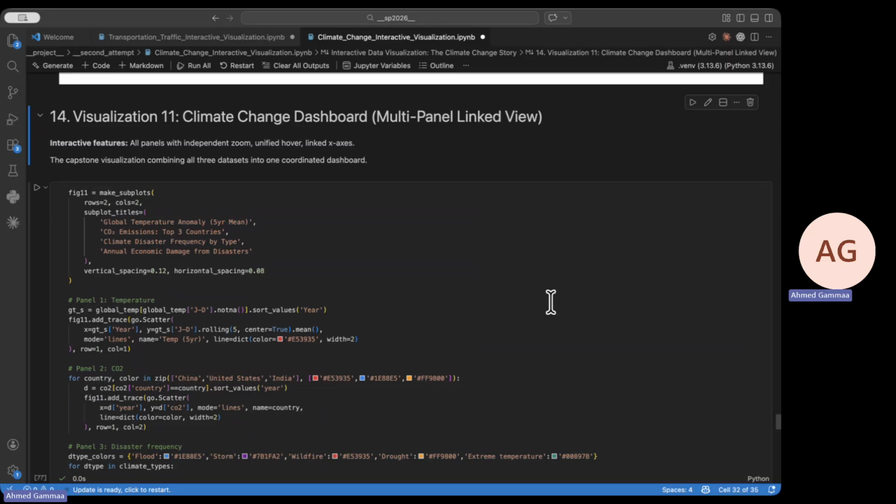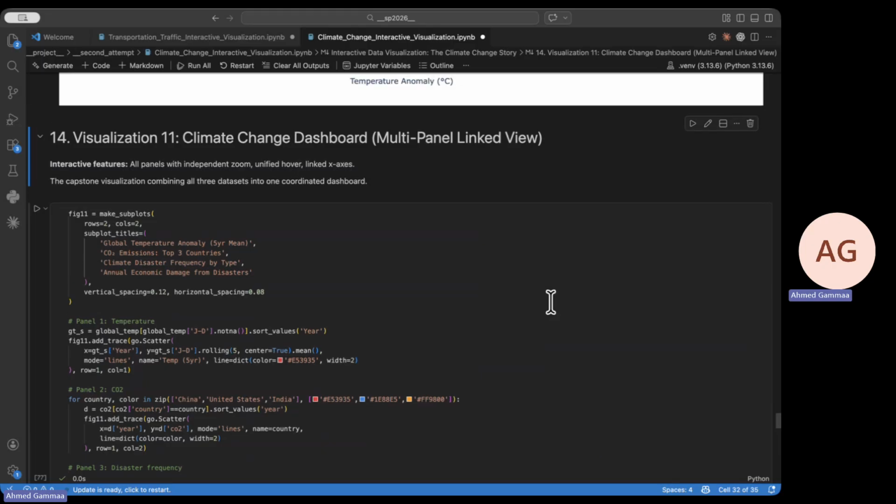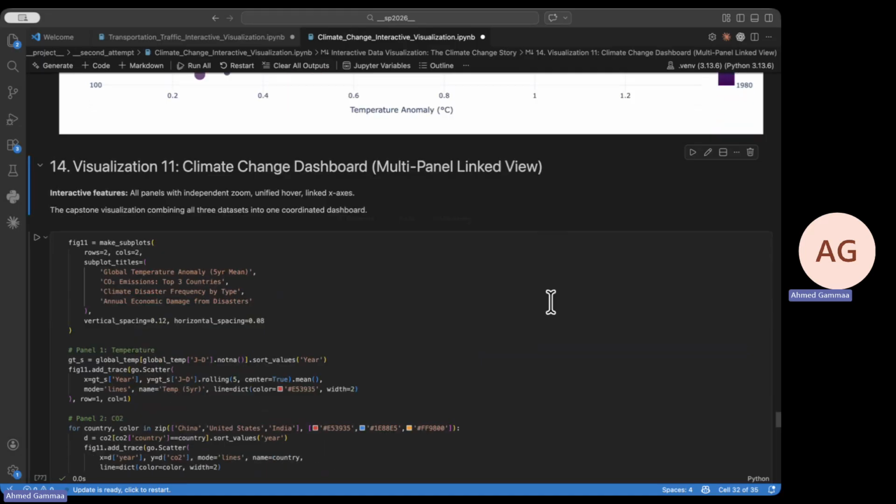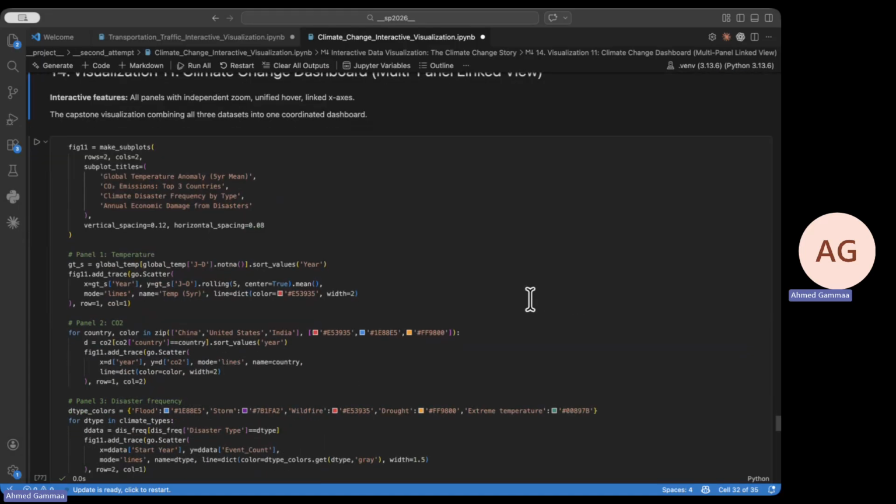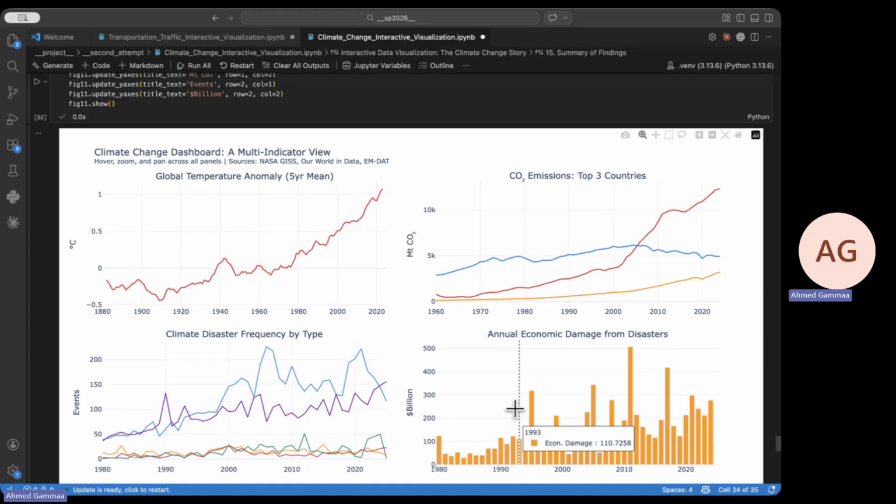The last, and one of the most important, is what I call the multi-panel dashboard, which has all the info about the global temperature anomaly, the CO2 emissions from the top three countries, the climate disaster frequency by type, and the economic damage from disasters per year.